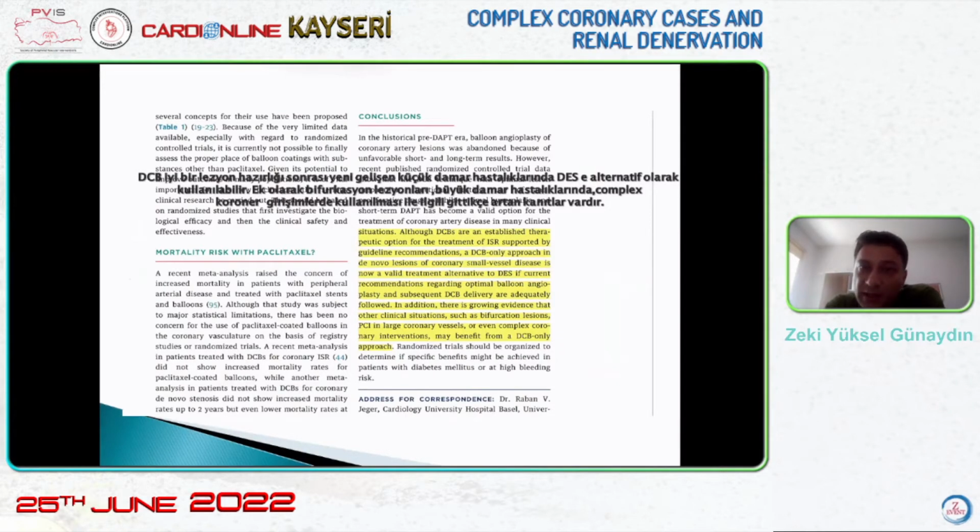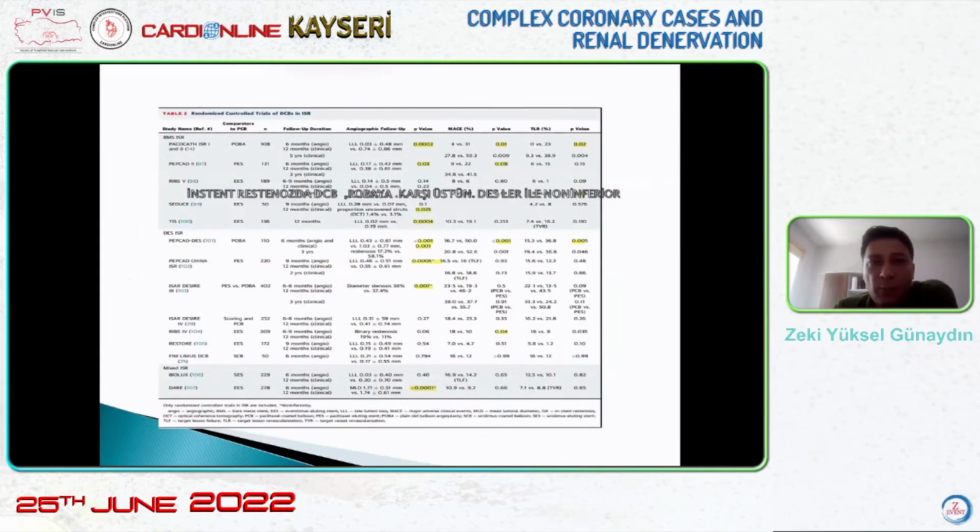After a good lesion preparation, DCB can be used as an alternative to DES, and also in complex coronary interventions, it can be used. And again, in the same report, in in-stent stenosis, the drug-coated balloons can be used as non-inferior.